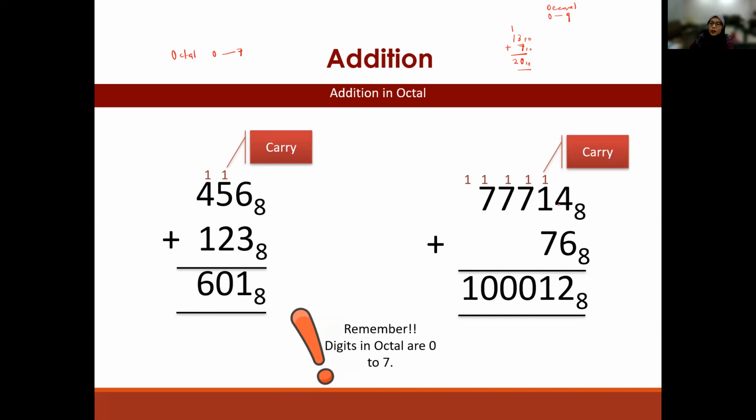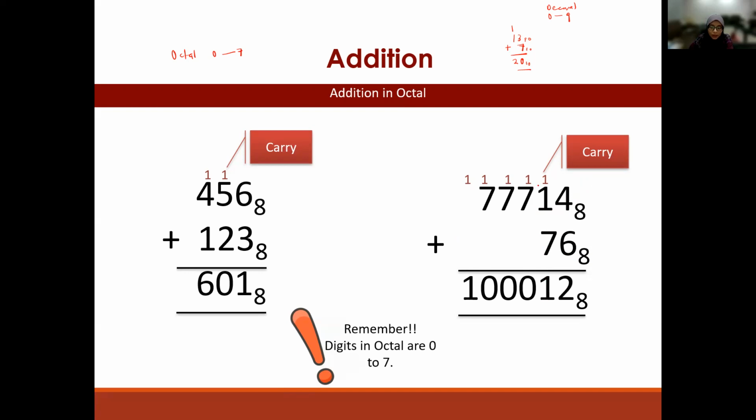Now we have another example. 7714 plus 76. 4 plus 6 is equal to 10. 10 minus 8 equal to 2. We have 1 carry. 1 plus 1 equal to 2. 2 plus 7 equal to 9. 9 minus 8 equal to 1.